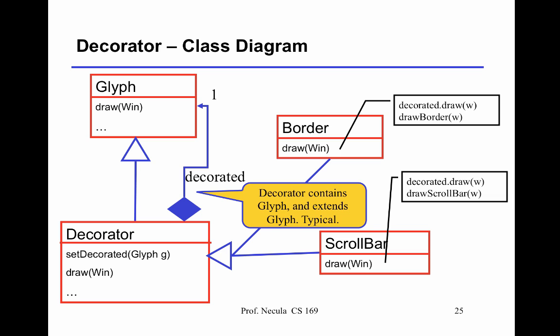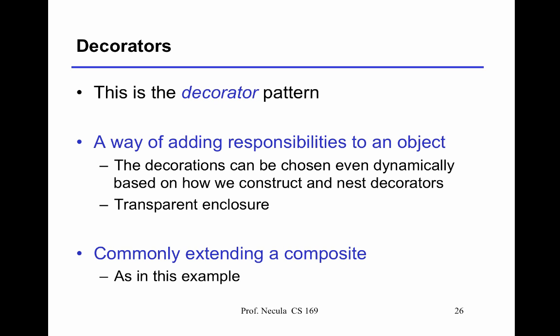Okay, so just some comments for your reference at home. The decorator contains a glyph and extends glyph, and this is how you can recognize a decorator. So this is a way of adding responsibilities to an object and still maintaining its identity because you still inherit from its superclass.